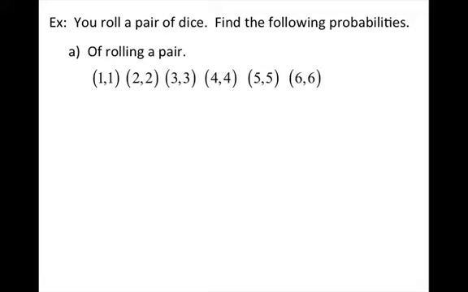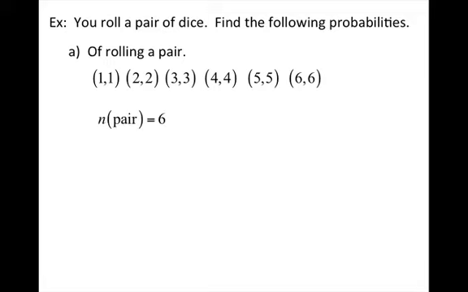In the next example, I'm rolling a pair of dice, and I want to find the probabilities. First, I want to find the probability of rolling a pair. If you remember when we listed the sample space for rolling a pair of dice, there were 36 possibilities. Of those, a pair is when you have 1-1, 2-2, 3-3, 4-4, 5-5, and 6-6.